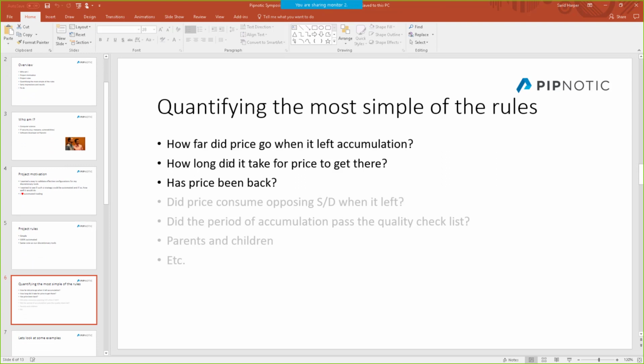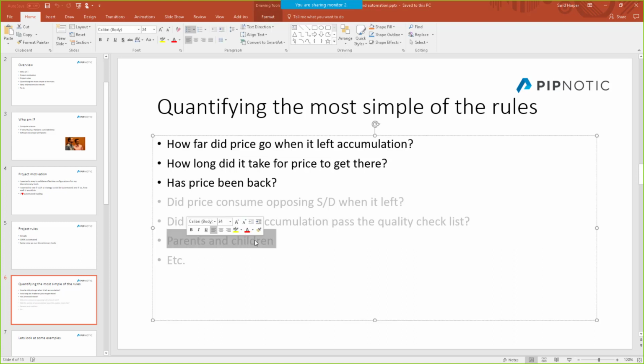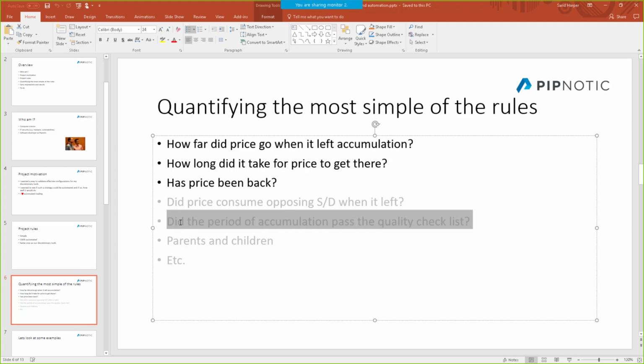Okay, so if we look at quantifying the most simple rules, if you look at the whole list of rules, I have a small whiteboard next to me and the list is pretty long, but there's a lot of talk about parents and children, and this accumulation quality checklist. What does that mean? This stuff is pretty difficult to program if you're trying to make a rule-based program.